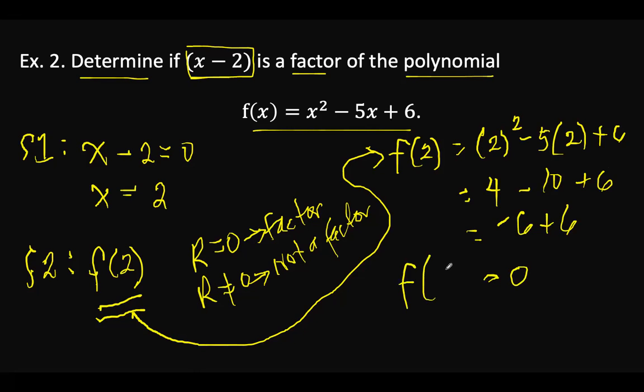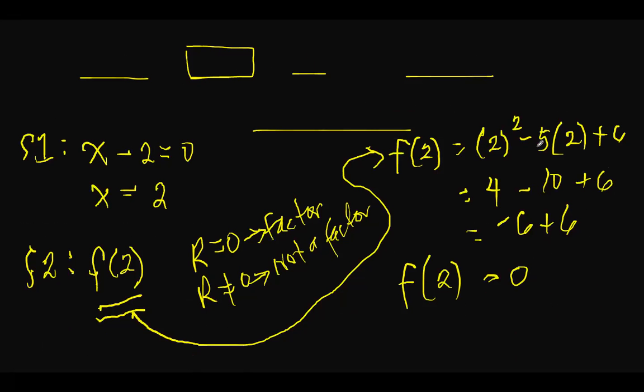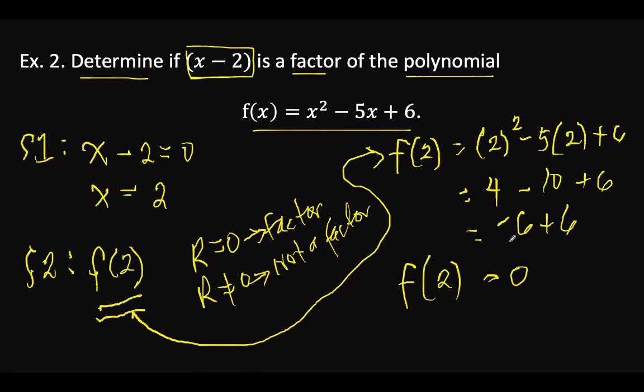So, ang remainder niya ay 0. And ano nga ba ang sabi ng factor theorem? Sabi ng factor theorem, okay, balikan natin. Pag ang remainder ay 0, then si x minus c ay factor. Diba? Okay. So, balikan natin. Since f of 2 is equal to 0 or the remainder is 0, then babalik tayo dito.